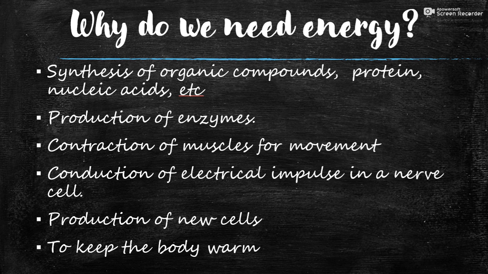If we are taking in protein, that will be broken down into amino acids, the basic units of protein. Fat, lipids, will be converted into fatty acids and glycerol by the end of digestion.